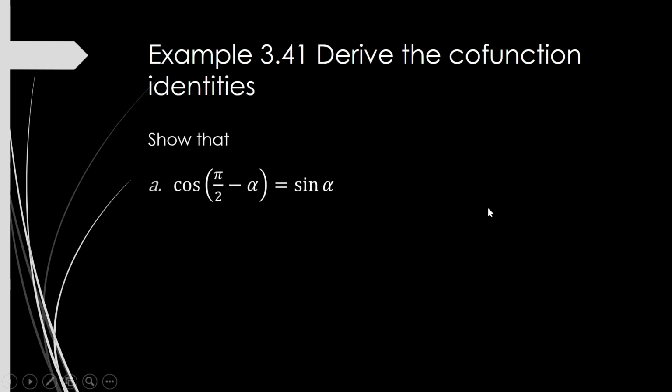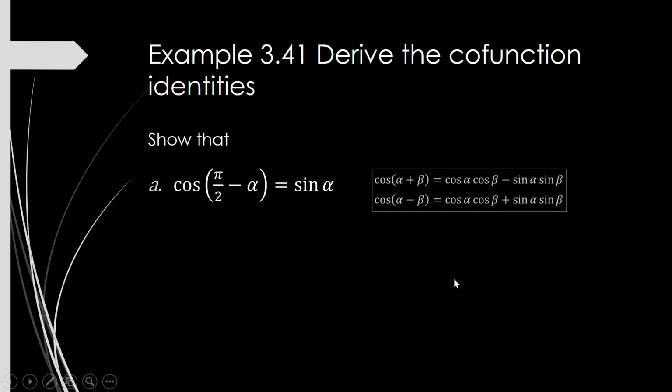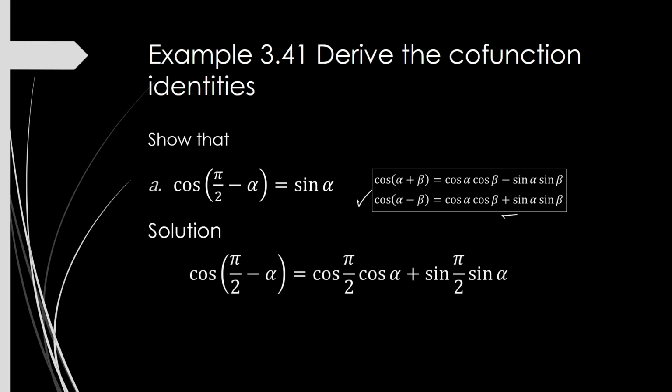Let us show that this is true with the help of your sum and difference identities for cosine. So we will use this one, cosine of alpha minus beta. So cosine of pi over 2 minus alpha, okay, so we will use our cos cos plus sin sin. So cosine of pi over 2 minus alpha is equal to this.